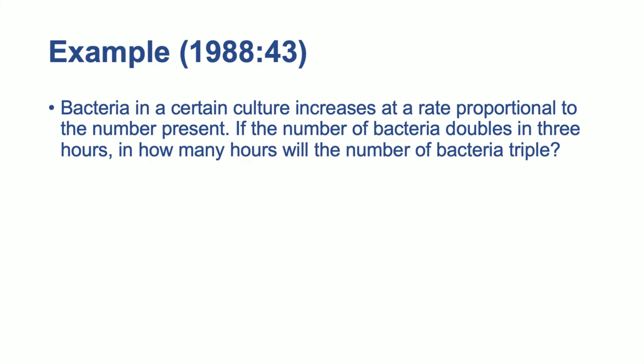Okay, so we know it's proportional, so dy/dt is going to be equal to ky. So now that implies that 2y naught equals y naught e to the 3k, because in 3 hours it doubles. 2 times our initial value is equal to our initial value e to the 3 times k.